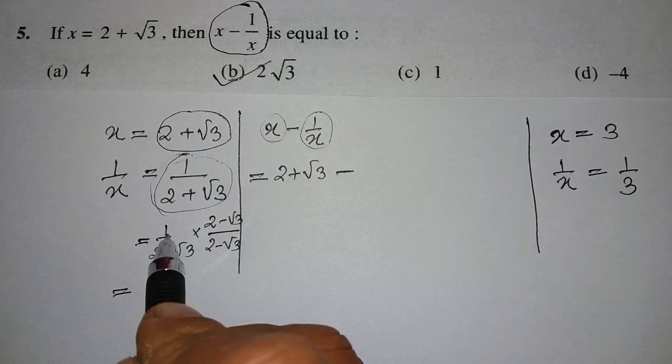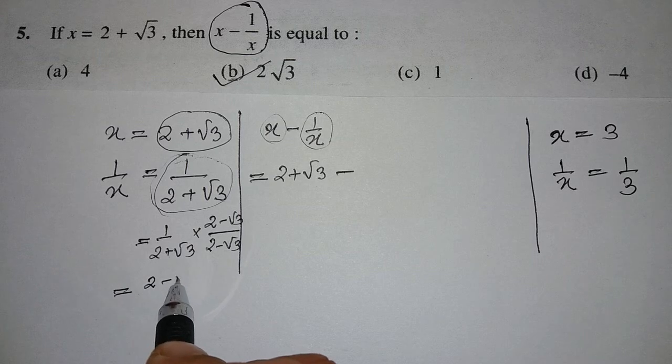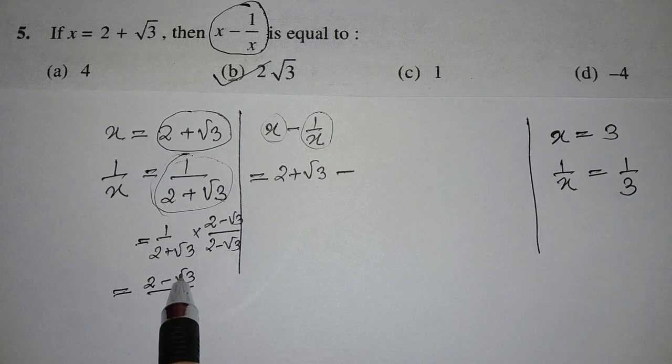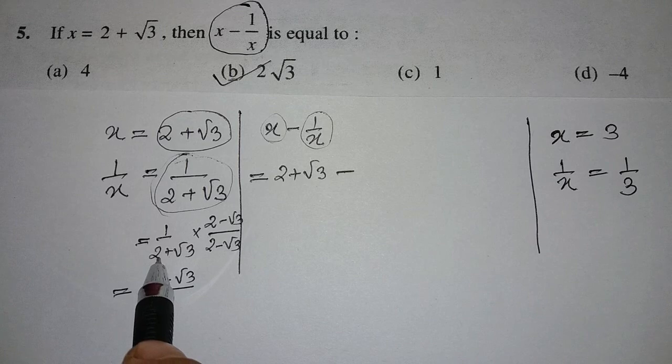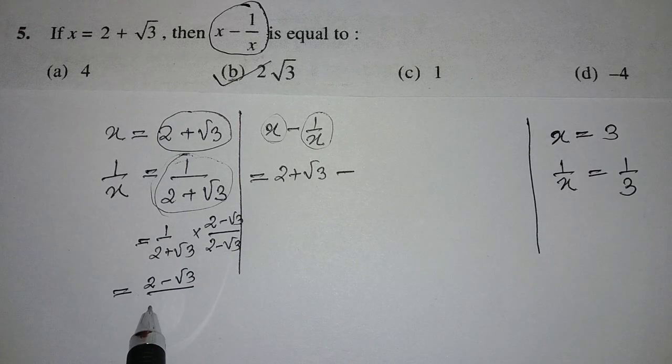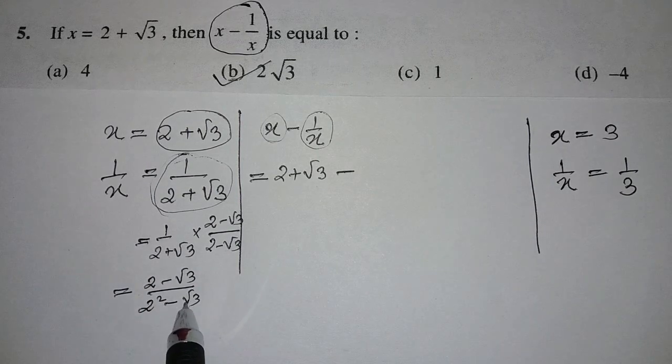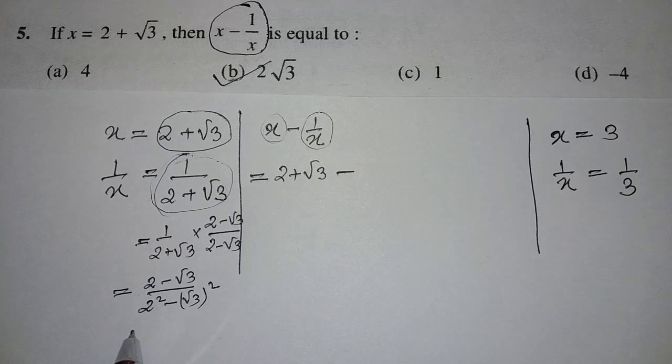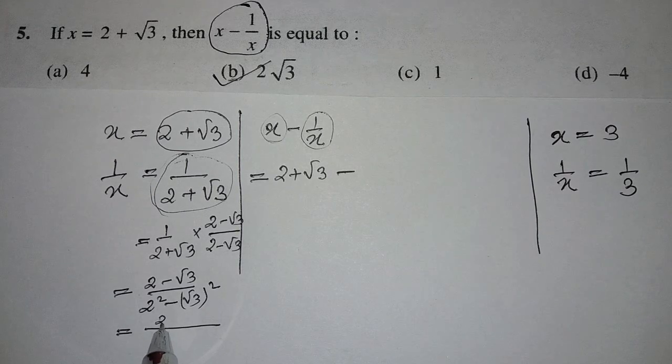Now if you multiply 1 and this one, you will get 2 minus root 3, and in the denominator a plus b, a minus b, so it is in that form. So a plus b, a minus b is a square minus b square. So what we got here now is 2 minus root 3, and 2 square is 4, minus root 3 square, so you have here 3.